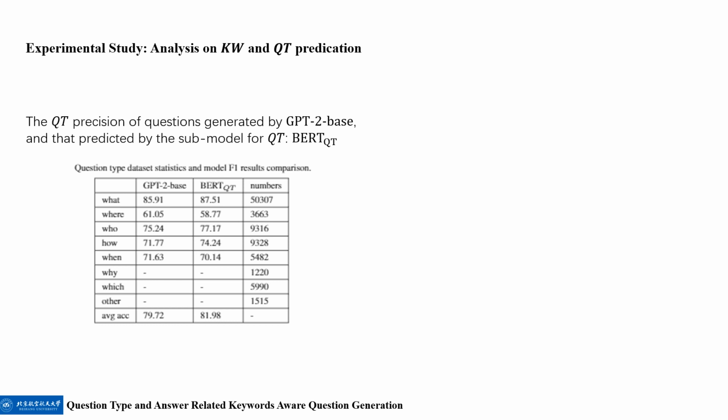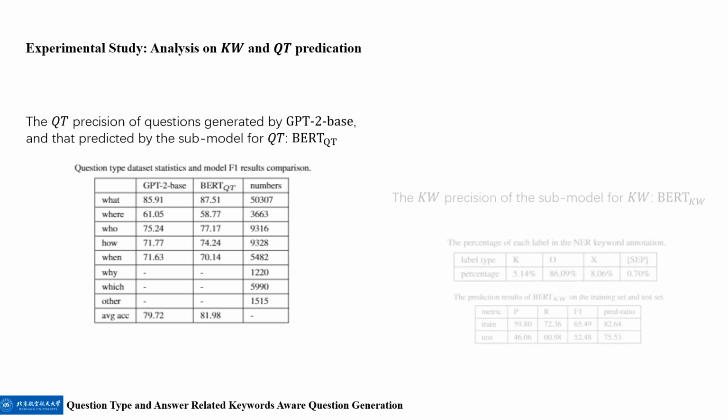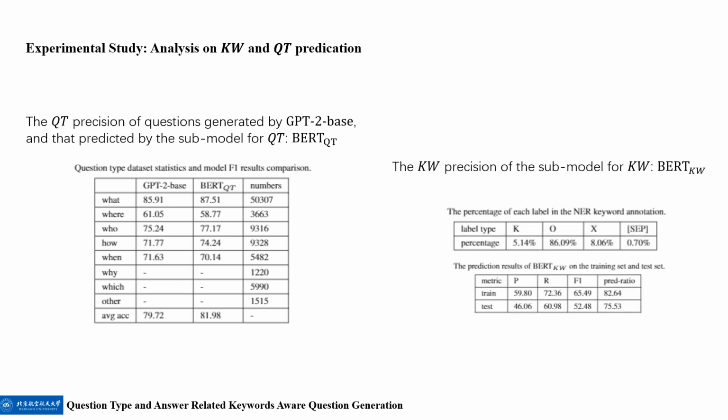It can be inferred from the results that the question type submodel can better direct the generation process. We also analyze the performance of the keyword submodel. It can be found that there still remains a gap between the external information quality from those submodels and that from annotations. So the system can be further improved with a better mechanism to predict this external information.